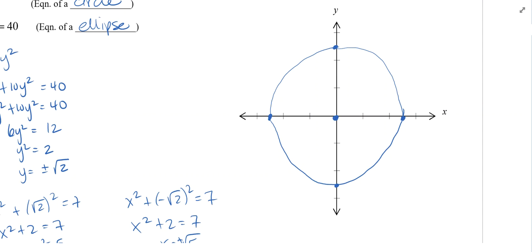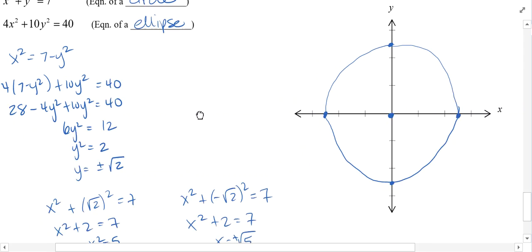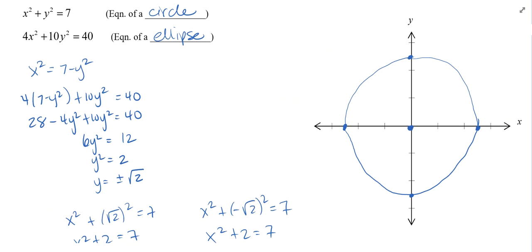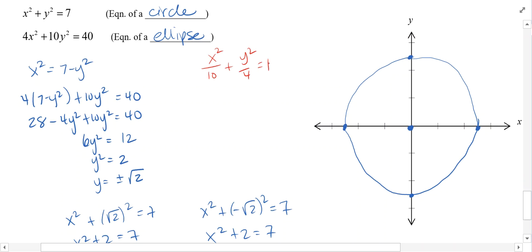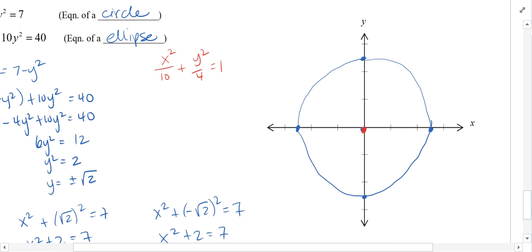Okay. The ellipse I'm going to draw in red. So let's just put it in standard form. I would divide by 40. So I'd have x squared over 10 plus y squared over 4 equals 1. Okay, so here I'm centered at 0, 0 again. In the y direction, I'm going 2. And then in the x direction, I'm going square root of 10.